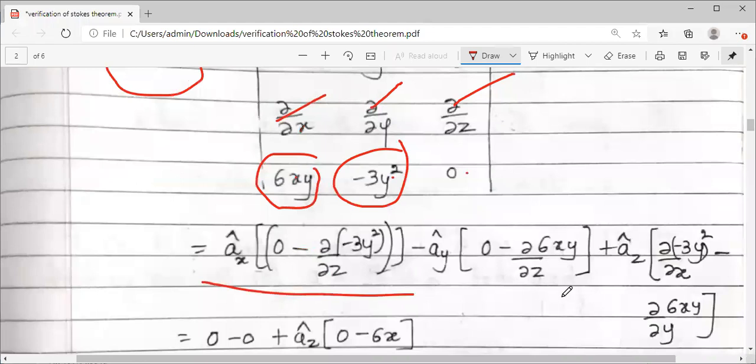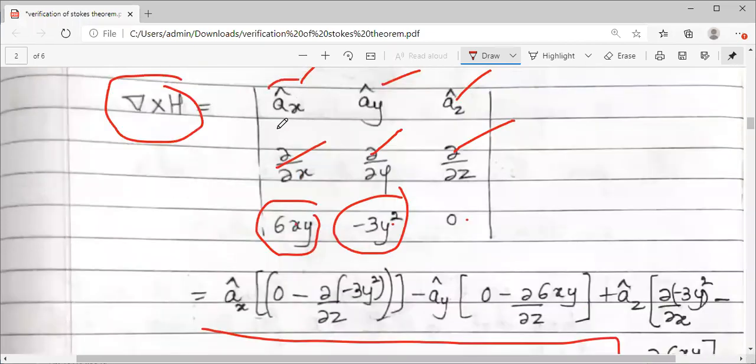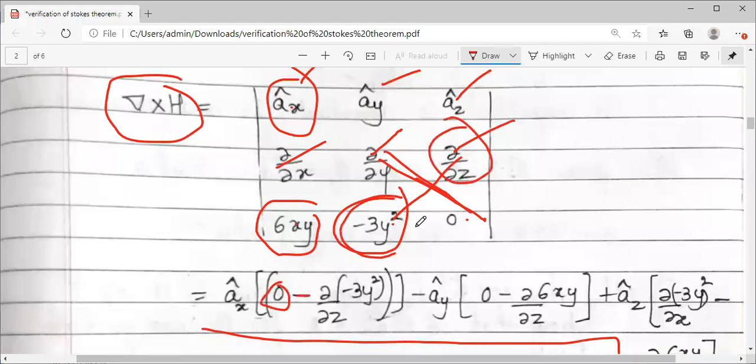I have done that. Be careful here while selecting which is constant and which is variable. Suppose when I take first with respect to Ax, this Ax into, you should multiply these two. So this anyhow will be 0 minus dou by dou z of -3y square. See, differentiation is with respect to z, but the value is -3y square.